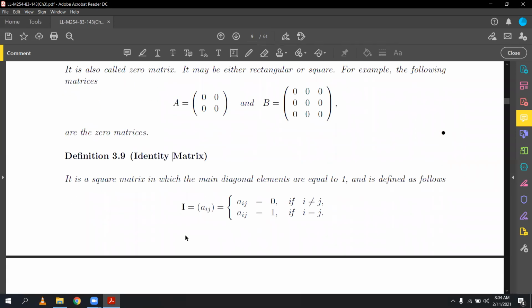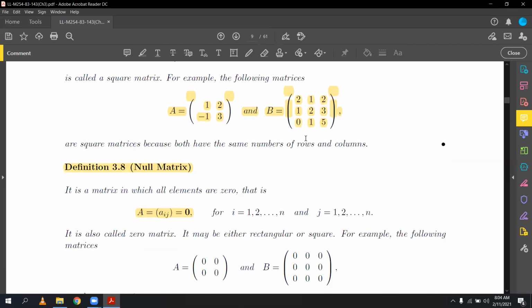What is a unit matrix? You remember, when you have a square matrix like this, how many parts of this matrix do we have? We have 3 parts.